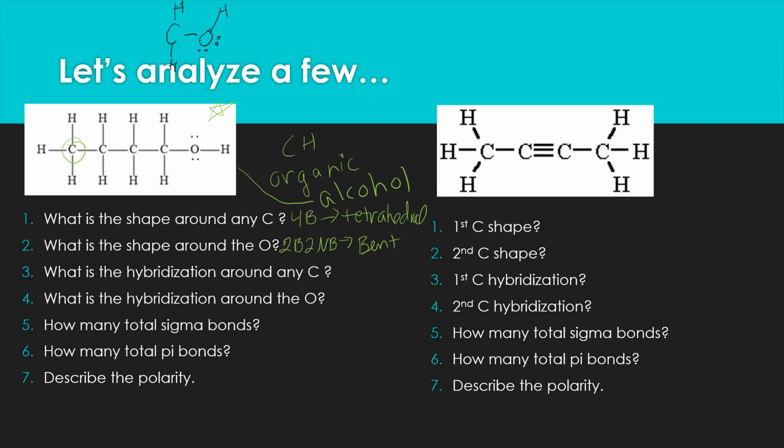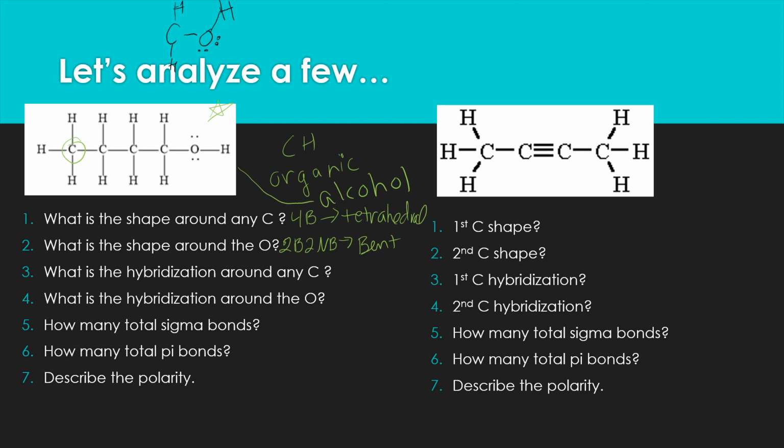If we drew it a little bit true to what it looks like in 3D, that hydrogen wouldn't be sticking off straight, and those lone pairs wouldn't be on the top and the bottom. The lone pairs would be on the same side of our molecule, and the hydrogen would be closer to the other hydrogens. So that is a bent shape.